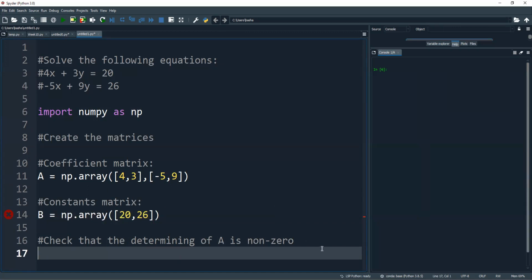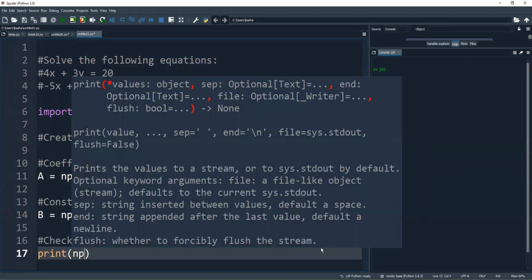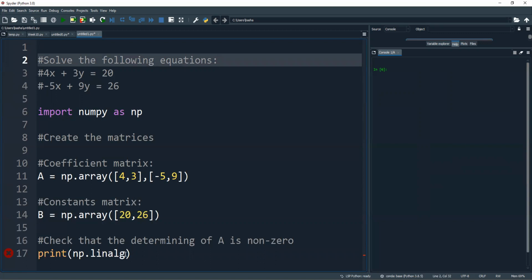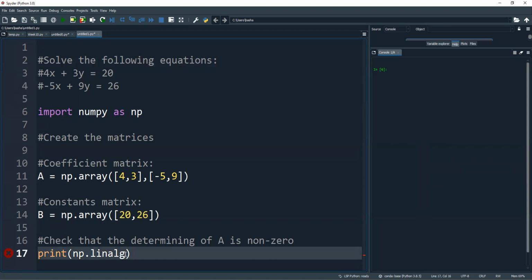That's how it is. If you recall from last week, to check the determinant, I'm just going to print it out directly. I use np.linalg, the sublibrary linalg, dot det of A. So I'm just checking that the determinant of A is not zero.